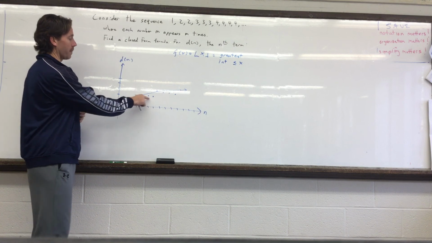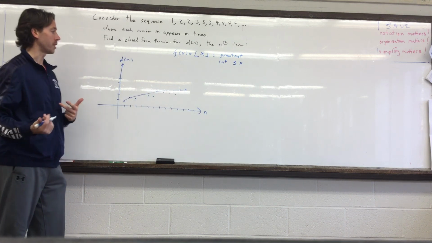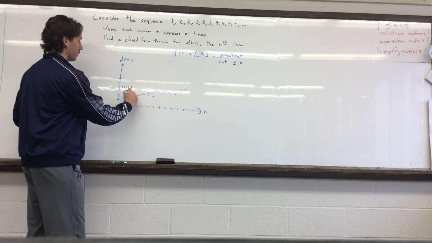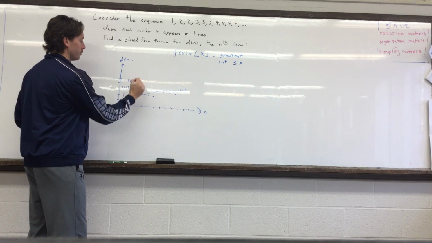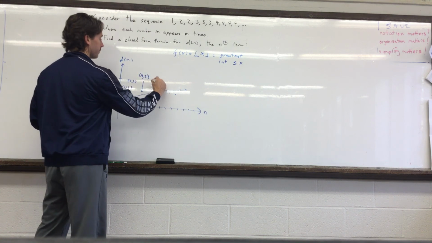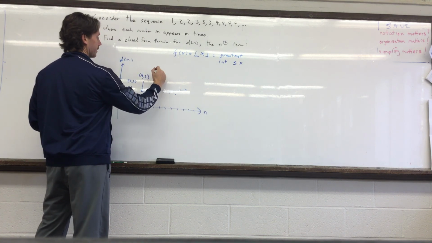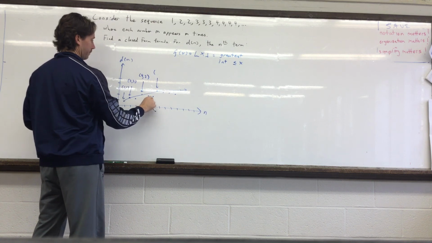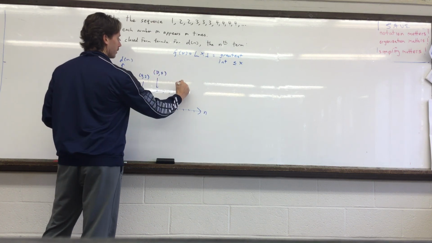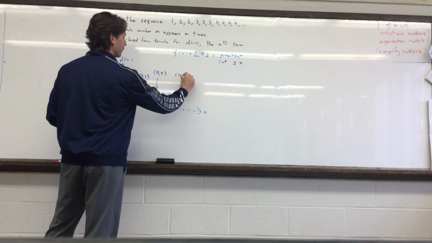So let me forget about these extra ones and just focus on the first dot. This guy is at (1, 1), this guy is at (2, 2), this guy is at (4, 3), then (7, 4), and this one was at (11, 5).